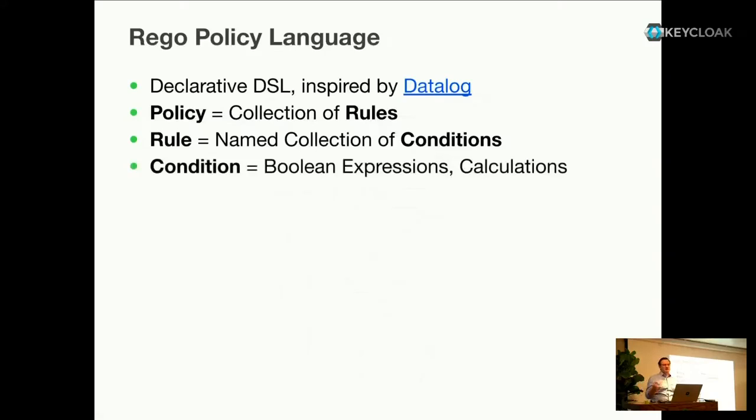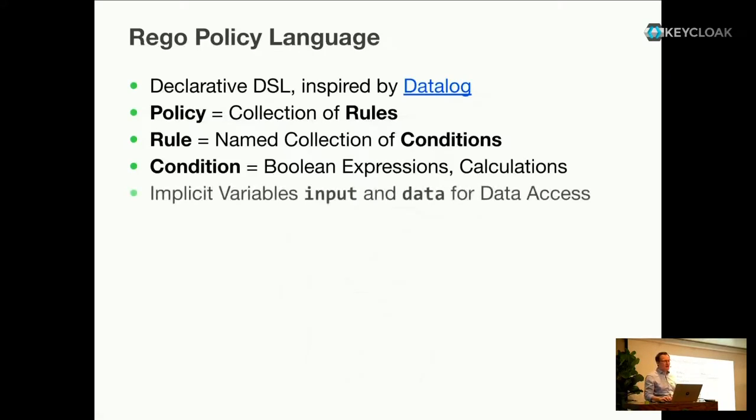These conditions can be Boolean expressions or calculations of some sort that somehow result in a Boolean result. And you need to know that there are two implicit variables for us. There's this input variable that refers to the object that was given to you in the policy query.